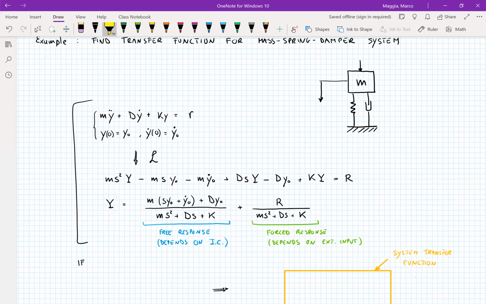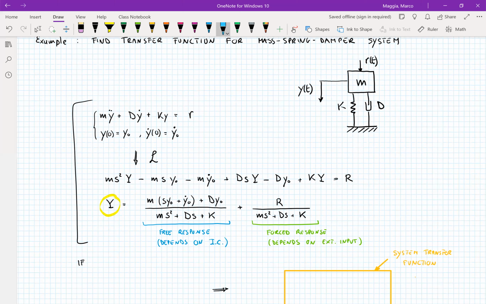We found that the output, that is the response of the system, which is the position of the mass, given a certain input, with the spring and the damping element, is going to be given by the sum of two terms.